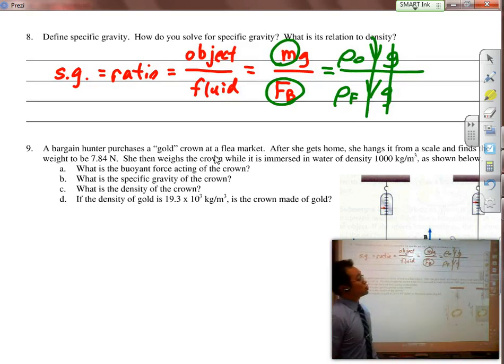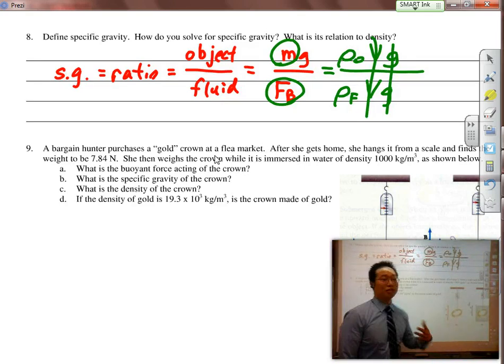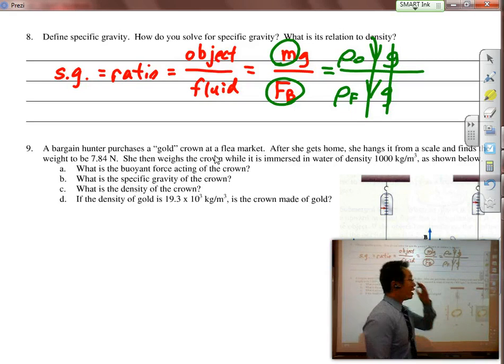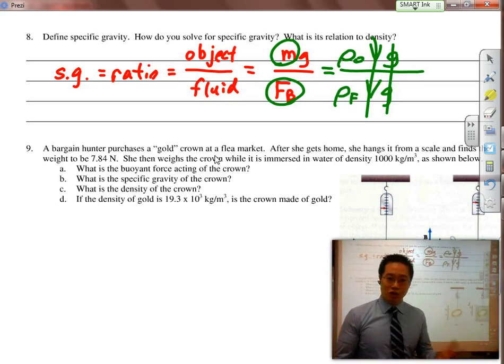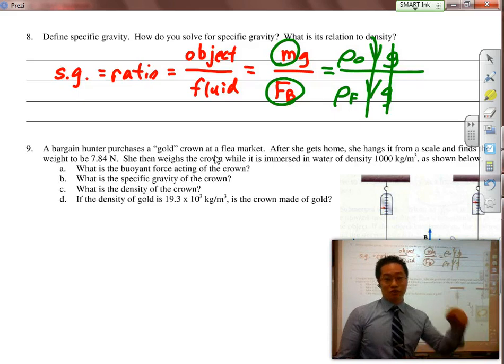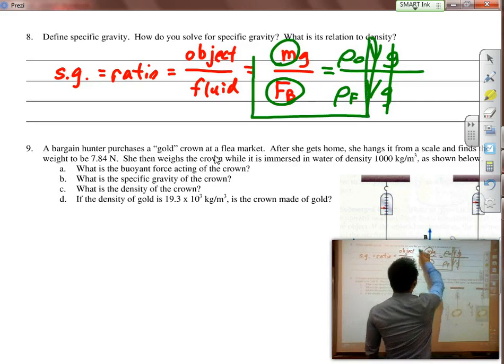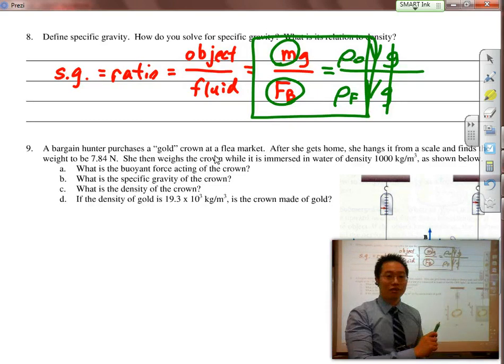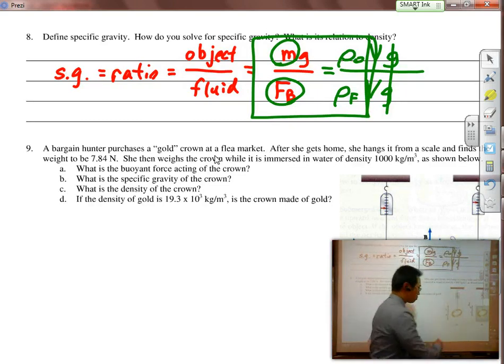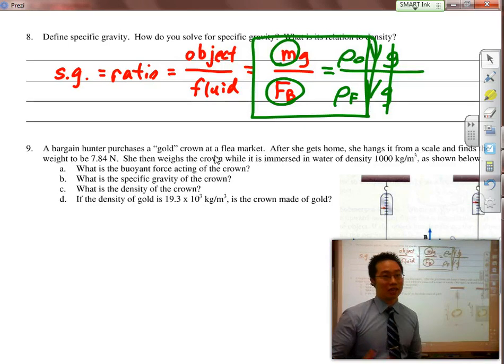Specific gravity is just a ratio of density of the object to density of the fluid. And this ratio will determine whether or not an object is going to float. If it's more dense than the water, it's going to sink. If it's less dense, it's going to float. But keep in mind this ratio for specific gravity, and we're going to walk through the problem that Archimedes himself kind of figured out as well.